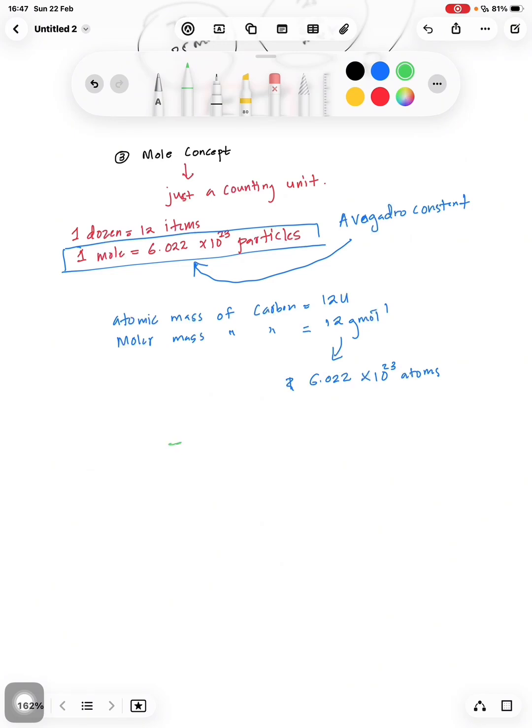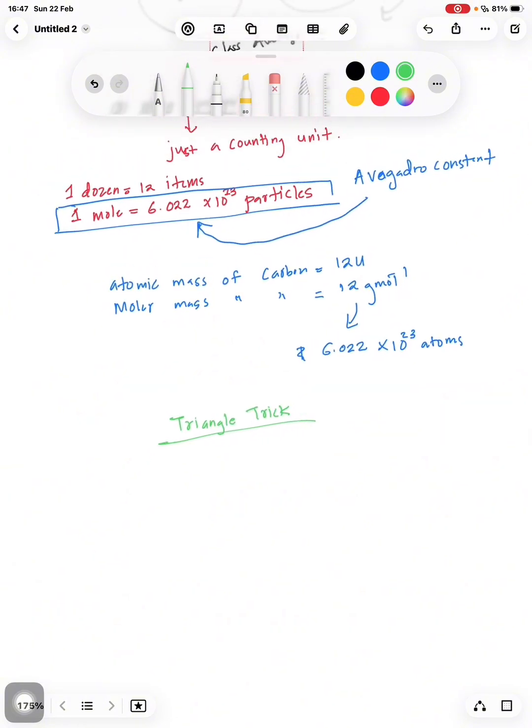The triangle trick. I call it triangle trick. When I was doing A levels, I studied this way. So this is how it is: mole, mass, and then particles. See, they are in a triangle. So this is my triangle trick.